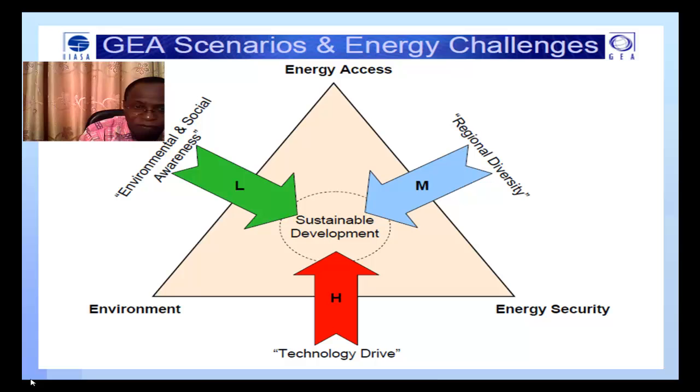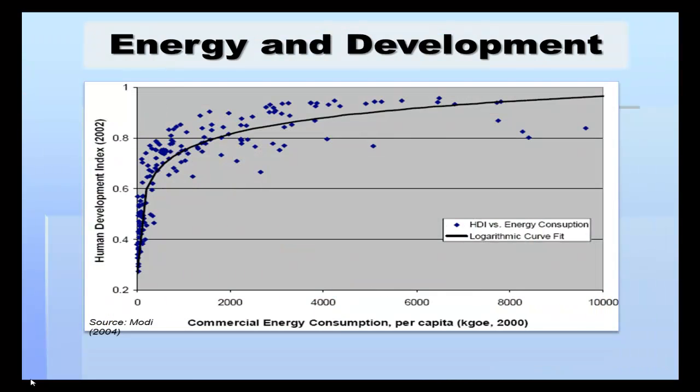So one can vary these triangles depending on where one wants to put the emphasis, or one can use, if you like, the more elaborate Star of David type of configuration, where one is looking at a lot more factors at play.